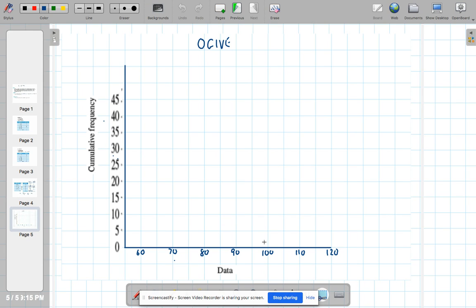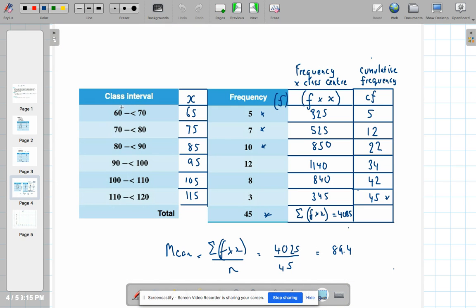On the other axis, you've got your data, and it goes from 60, the lowest one there, up to 120. So along the bottom go the class intervals ranging from 60 up to 120.